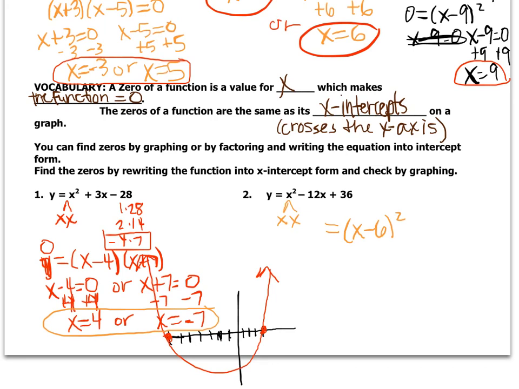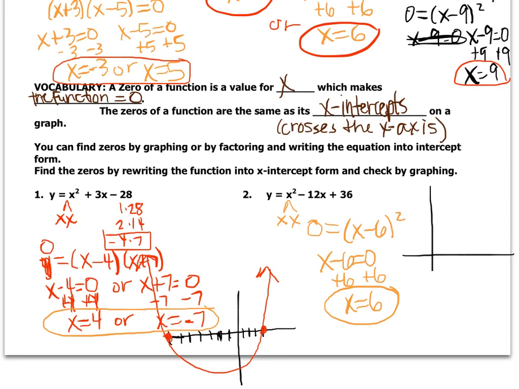So instead of y, I know to find my zeros, or my x-intercepts, I need to put 0 in for y. So I know that x minus 6 equals 0. I could say, or x minus 6 equals 0, but I'm going to get the exact same thing. If I add 6 to both of these, I know that x equals 6 is my one root. And what this would represent, if I were to graph this, 1, 2, 3, 4, 5, 6.